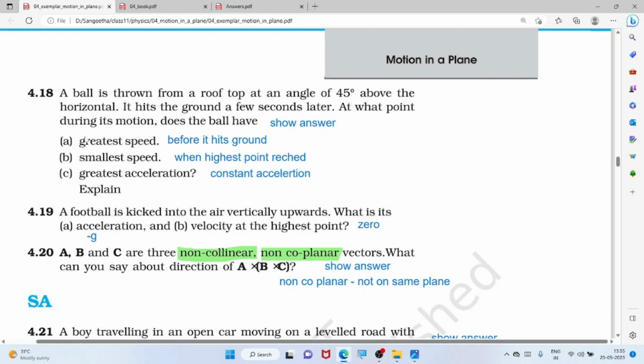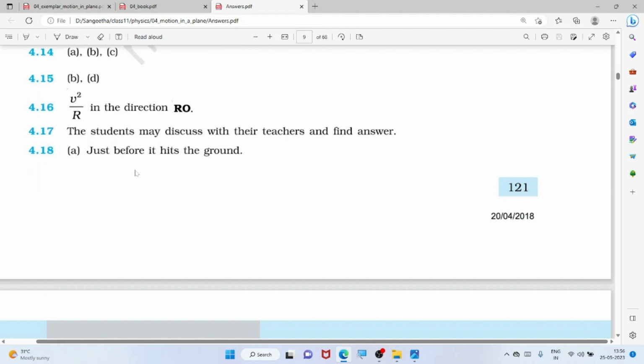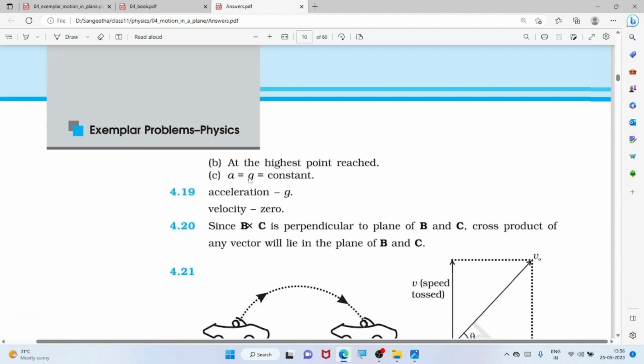At what point during the motion does the ball have greatest speed before it hits the ground? Smallest speed when the highest point is reached. Greatest acceleration, constant acceleration. Okay, so the answer 4.18. Constant acceleration.